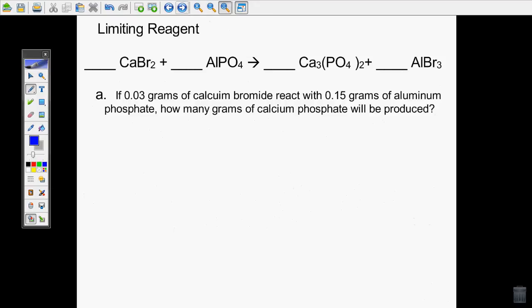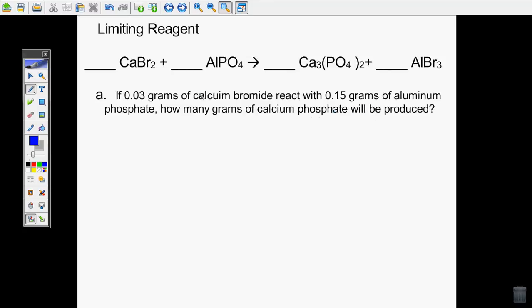Alright, limiting reagent. So just because you have an equation doesn't mean you're always going to get the maximum amount of product. There's always going to be a limiting reagent, which will limit your product. So if you have 0.303 grams of calcium bromide reacting with 0.15 grams of aluminum phosphate, how many grams of calcium phosphate will be produced?